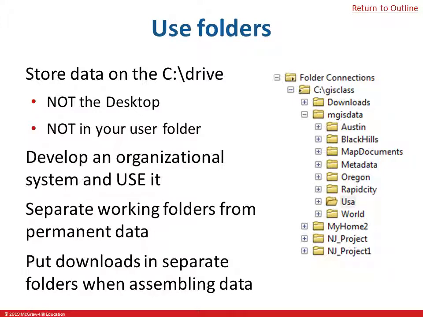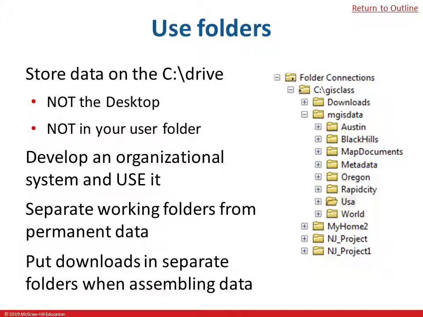How to use folders? Well, generally speaking, here is what you want to do. Always store data on your C drive, not the desktop, and not in your user folder. You want to develop some sort of an organizational system, something that works for you. Stick to it. You want two sort of branches in your folders that you're working from: working folders and permanent data.